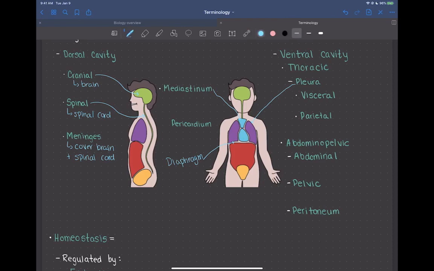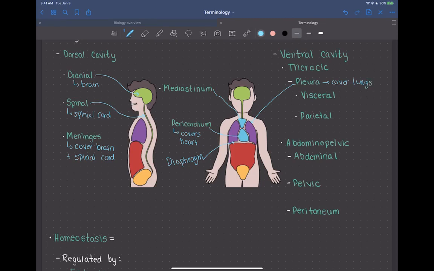Okay, and then the tissue in the mediastinum that surrounds the heart is going to be the pericardium. The pericardium would be sitting on top of the heart. So this covers the heart, and then this would cover the lungs.